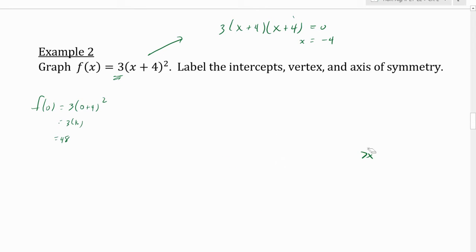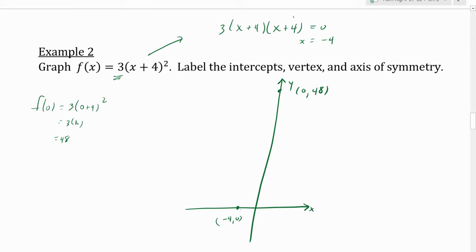So let's make this look right. At -4, we're going to just touch the x-axis. Way up here at 48, we're going to cross the y-axis.